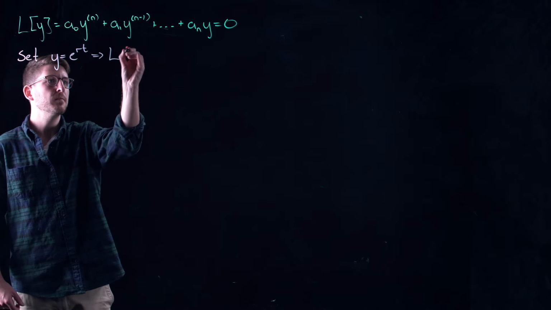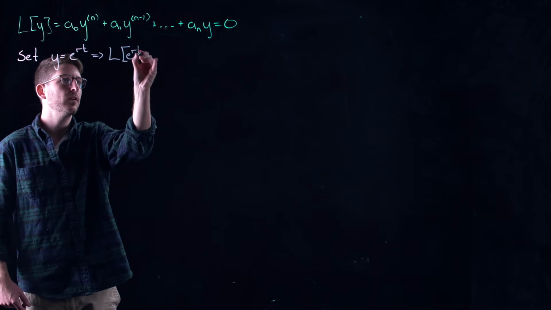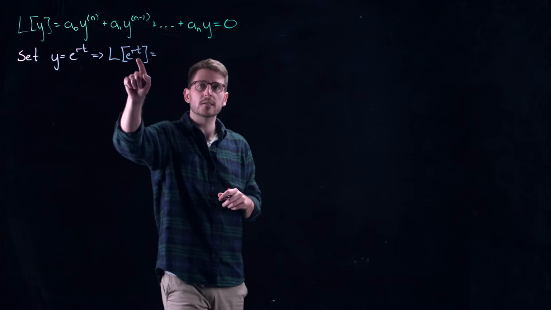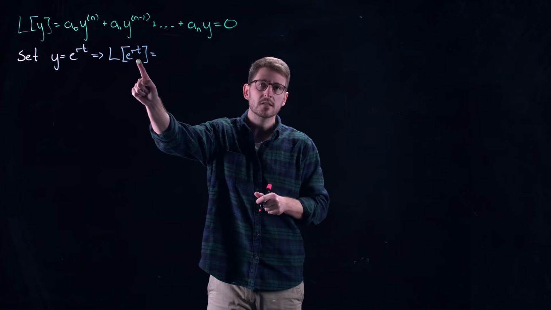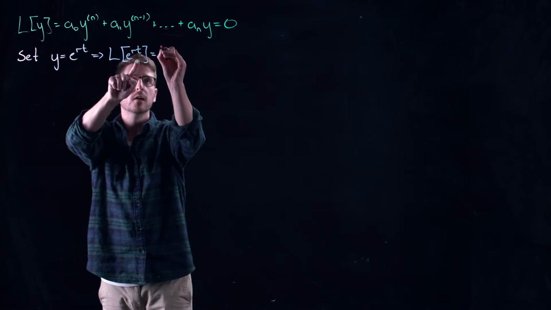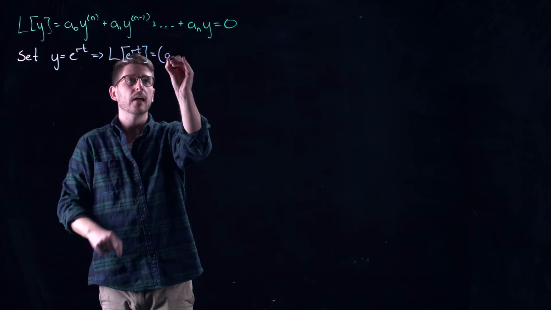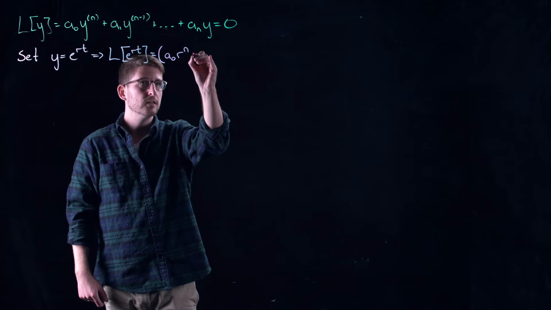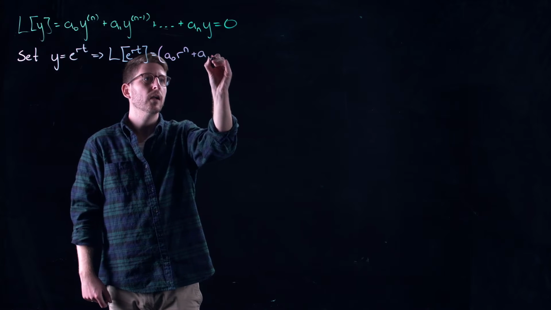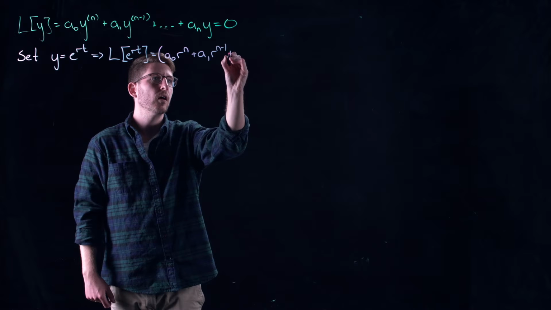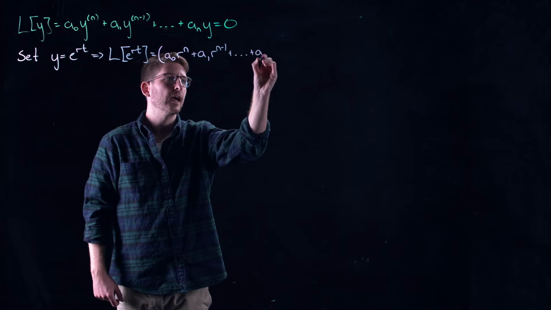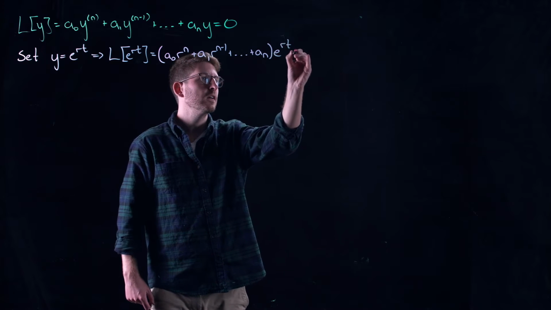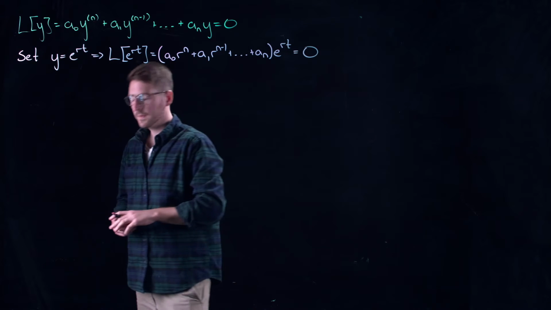And then this gives me that when I put this into L, well, e to the rt reproduces itself under differentiation. And essentially, I'm going to get a0 r to the n plus a1 r to the n minus 1 all the way down to an, and then e to the rt is equal to 0.